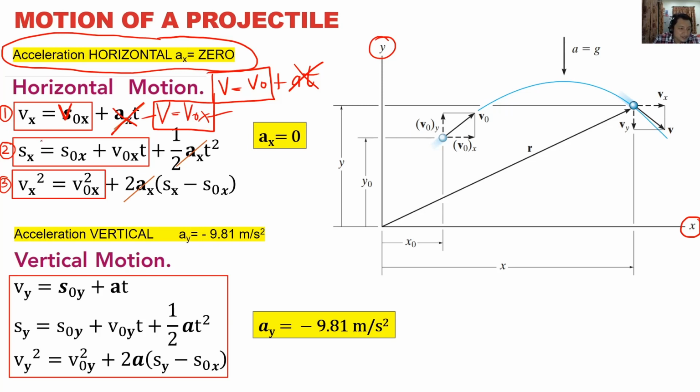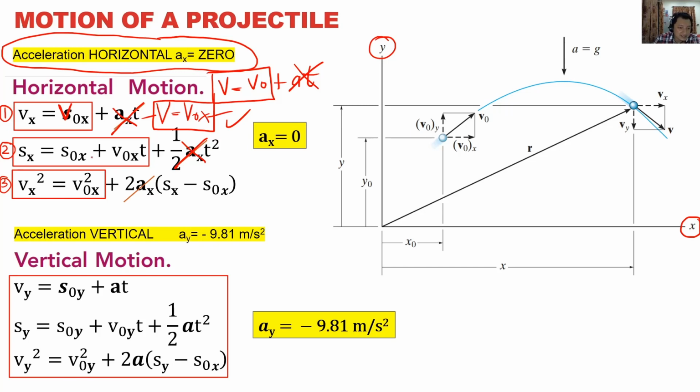So look at equation number 2. Sx is equivalent to s naught x plus v naught xt. Yeah, so this is correct. No acceleration. You are left with only this one. Sx is equal to s naught x plus v naught xt. If you look at the first equation, there's nothing much you can do with this one. V is equal to v naught x. But you cannot solve anything.